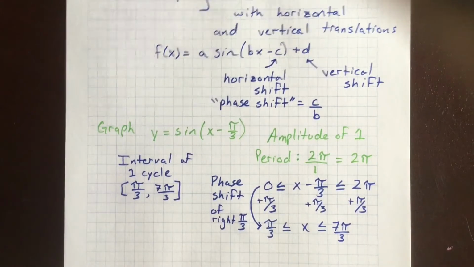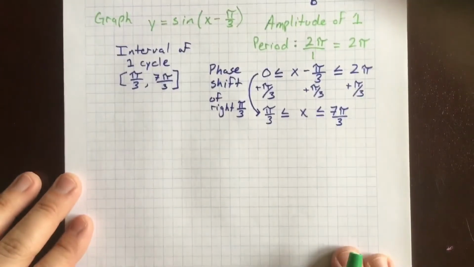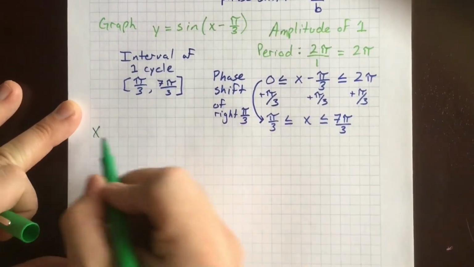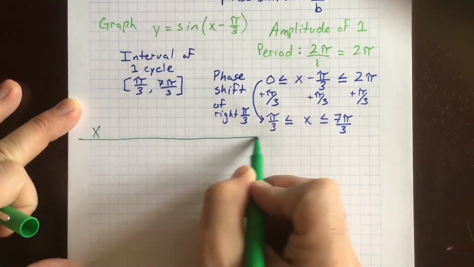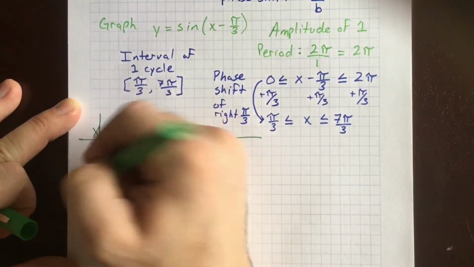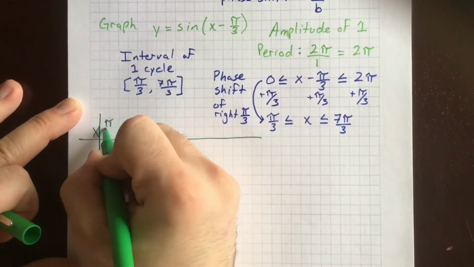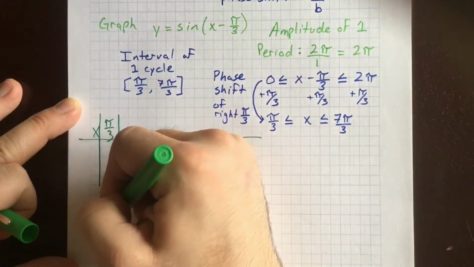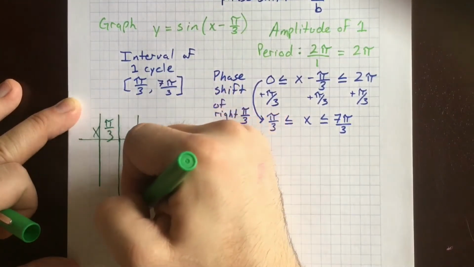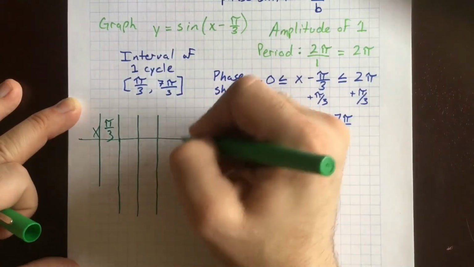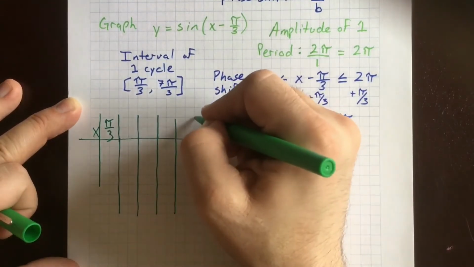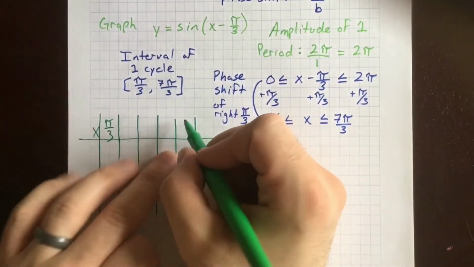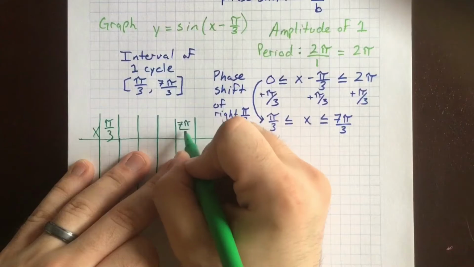Now, thinking back to what we had to do in the previous lesson, we made a little table to help us graph. So we have x. We know we're starting here with pi over 3, and we have 7 pi over 3 on the far right.